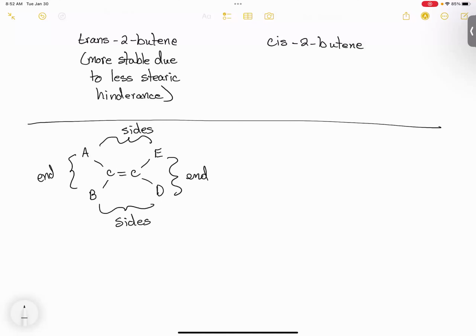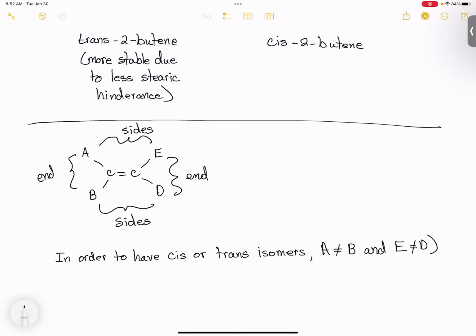Now, in order to have cis or trans, A cannot equal B, and E cannot equal D. In other words, they have to be different on the ends.